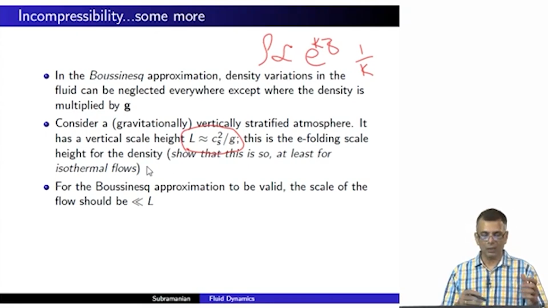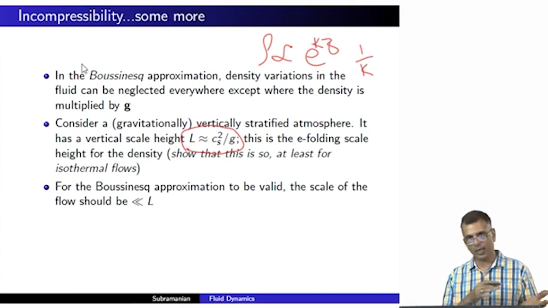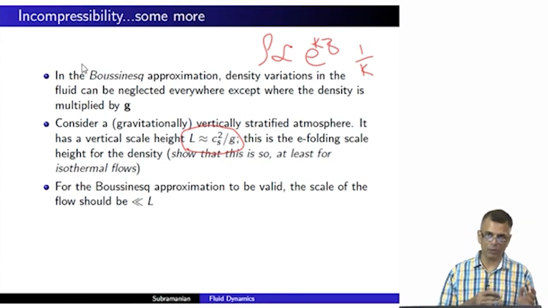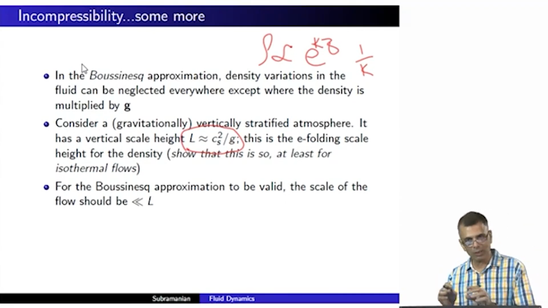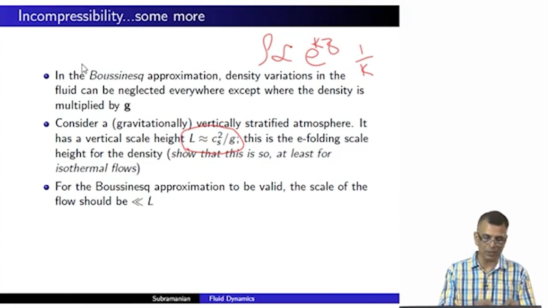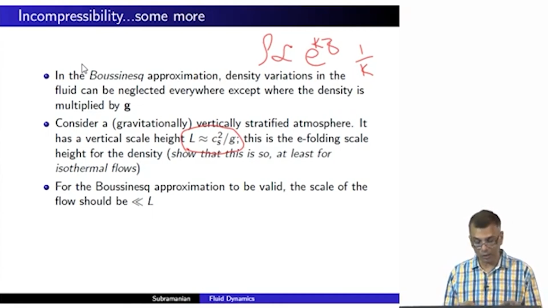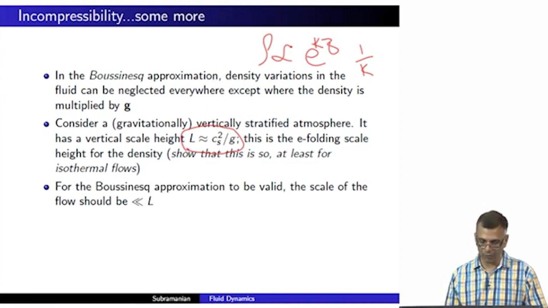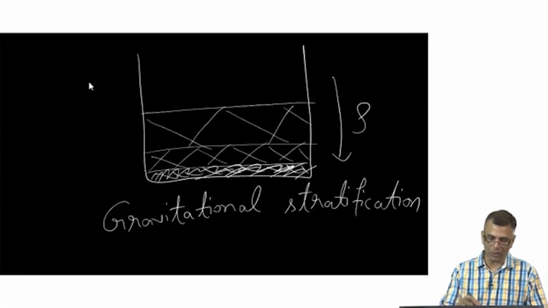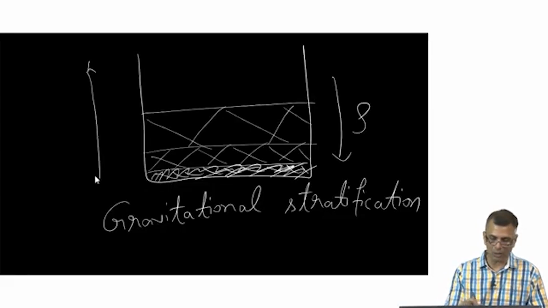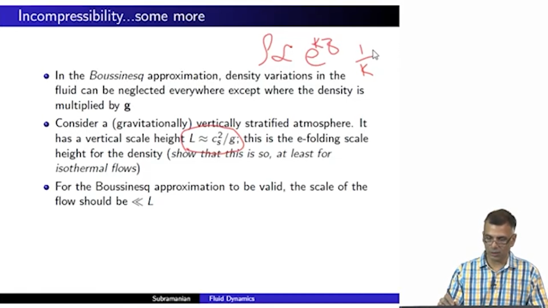Now the thing is, this Boussinesq approximation, which is a slightly weaker form of incompressibility, because density variations can be neglected in all terms of the equation except that term where the density is multiplied by g. Okay. Turns out that if this approximation is to be valid, the scale of the flow has to be much less than a density stratification height. In other words, say if the density stratification height was about L, and this L is essentially this quantity.